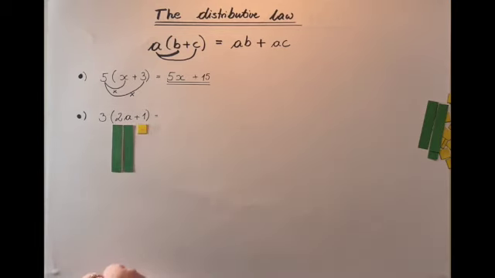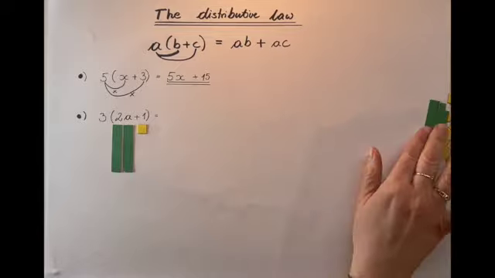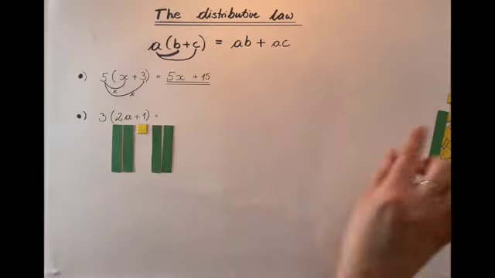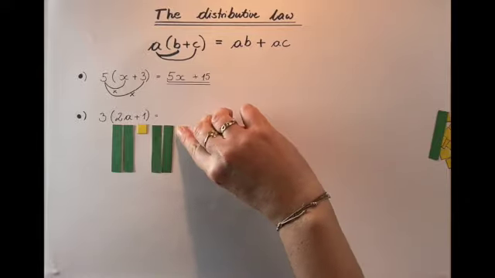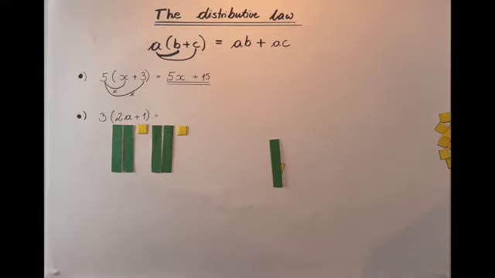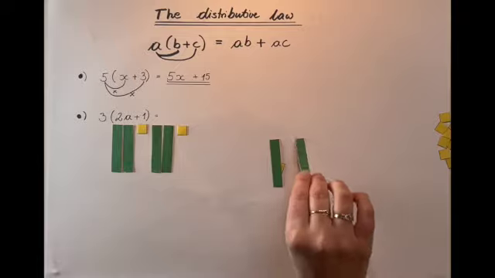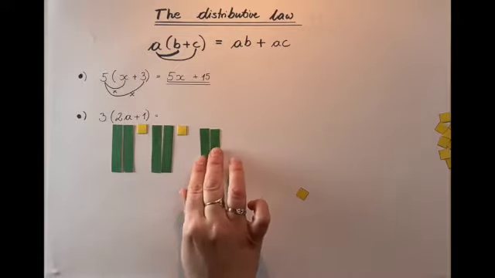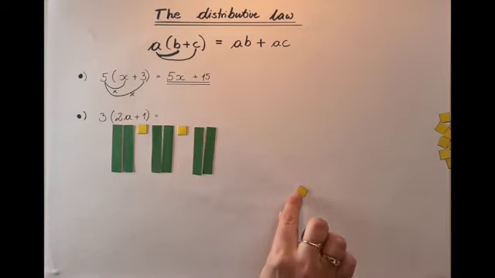That's the expression in that bracket. And now we need 3 packets of that. So we need another 2a and another unit, and another 2a and another unit.